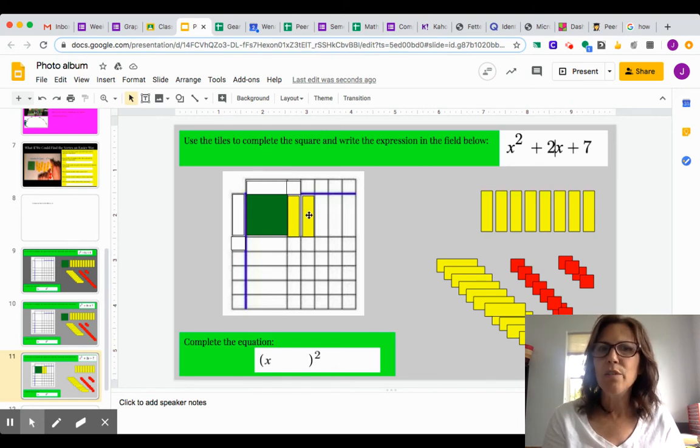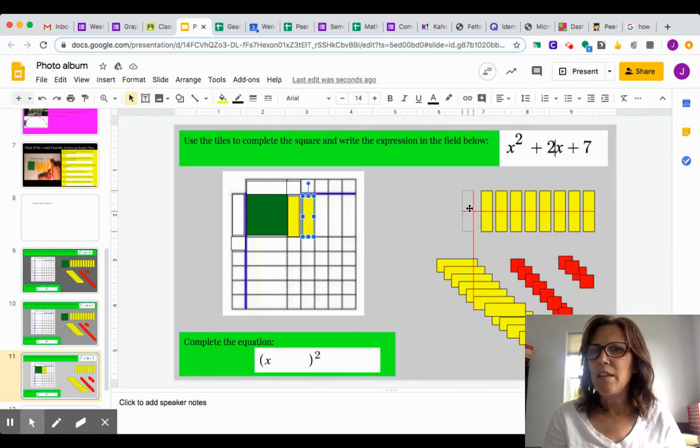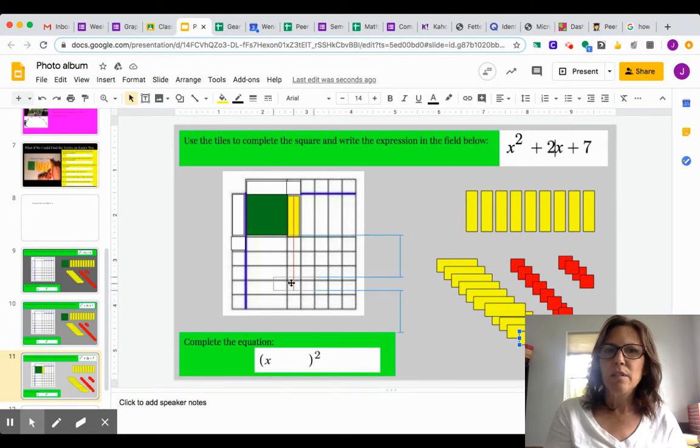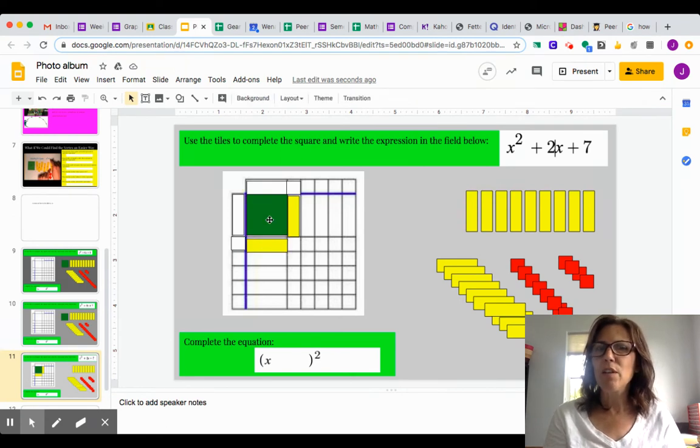So in order to do that, I really want to take my x's and divide them evenly so I have an even amount to the right side and an even amount on the bottom. So I have two x's, but I have one to the right and one on the bottom. That's going to give me a picture that looks like it's actually going to make a square.